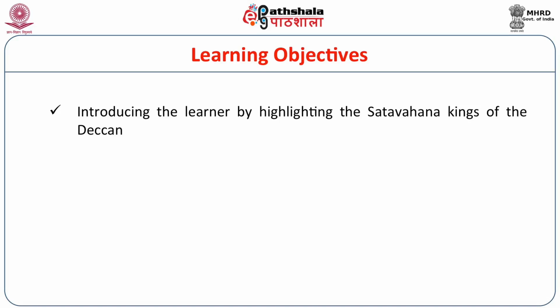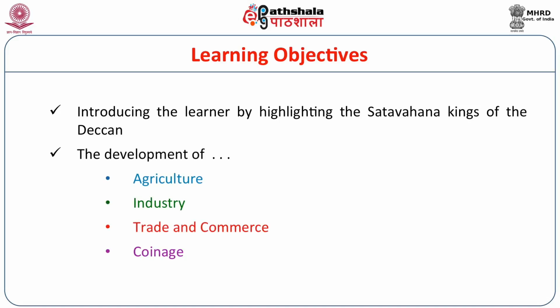So, the political scenario has to be taken into account in order to understand economic activities, because under their protection some economic activities were performed. So, first of all, we have to get a scenario of the Deccan in which the Satavahanas ruled. Another part is the development of agriculture, industry, trade and commerce and coinage.